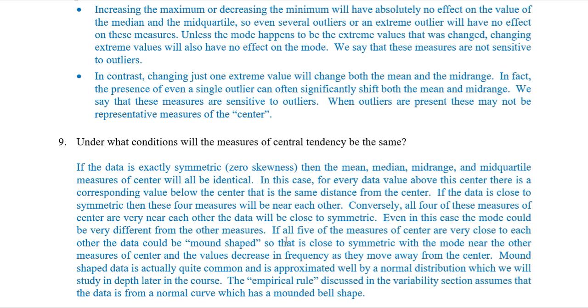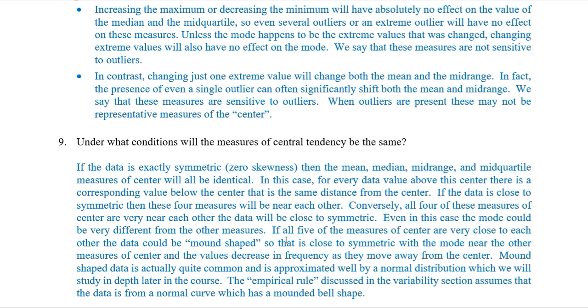And so that is close to symmetric with the mode being near the other measures of central tendency, and values decreasing in frequency as they move away from the center. So mound-shaped data actually is quite common and is approximated well by something we call a normal distribution or a bell-shaped curve, and we'll study that in depth later in the course. Some textbooks talk about the empirical rule. They'll discuss that somewhere near where we are or in the variability section.